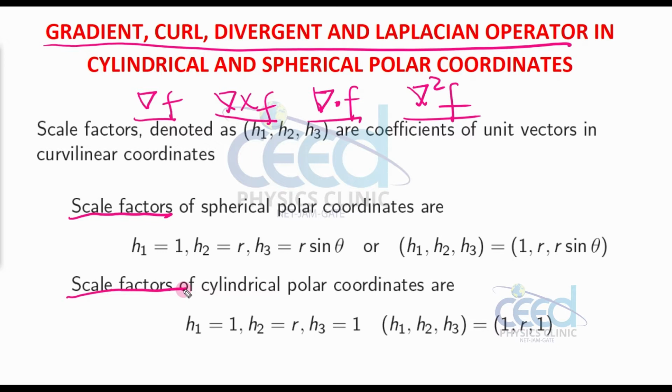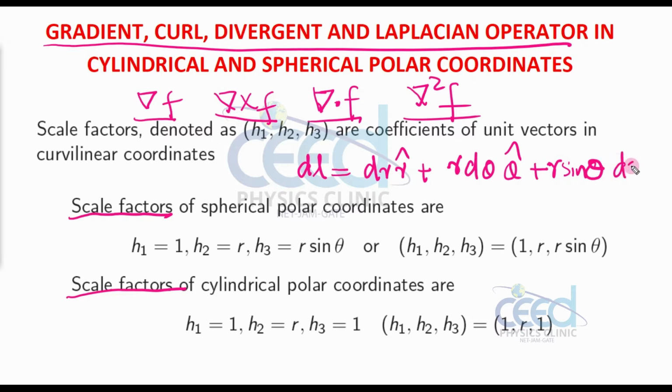We have studied the length element in spherical polar coordinates, that is dl is equal to dr r cap plus r d theta theta cap plus r sin theta d phi phi cap. This we have studied in I think the fourth lecture of this series.